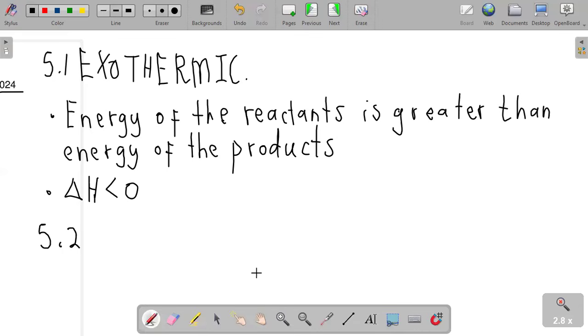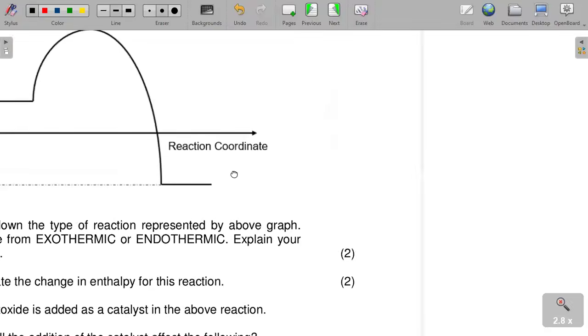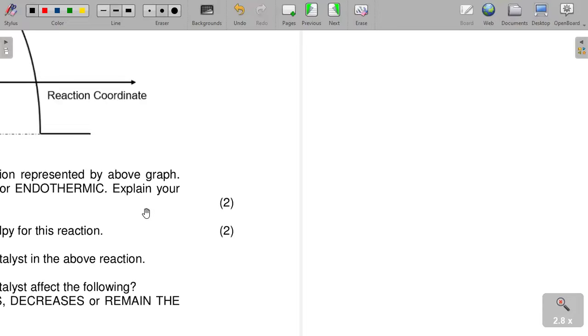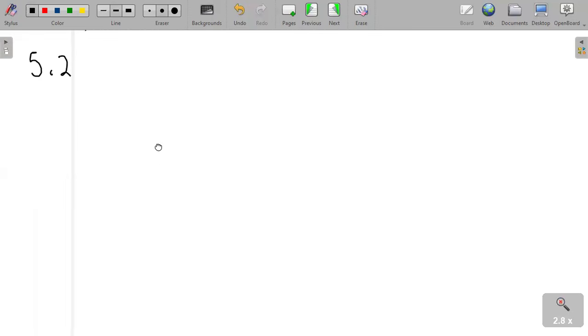And then 5.2, what are they asking? Calculate the enthalpy change for this reaction. Again, we have to look at the enthalpy of the products.